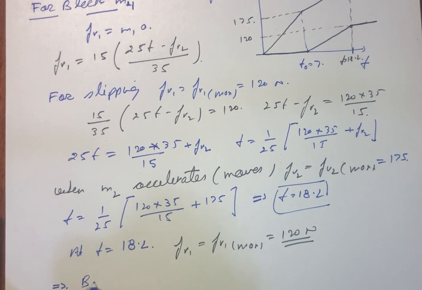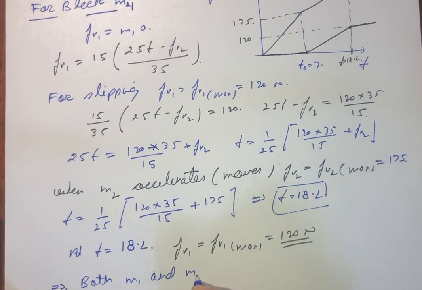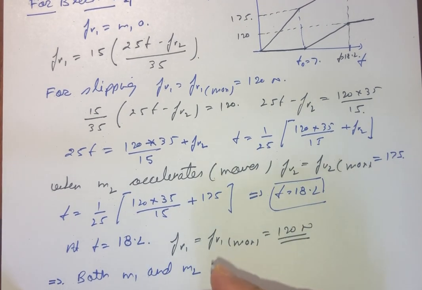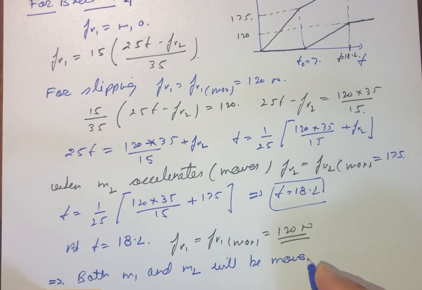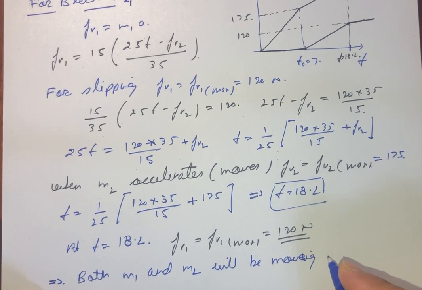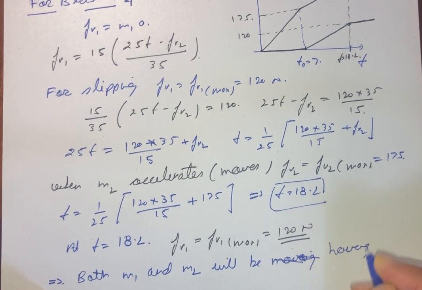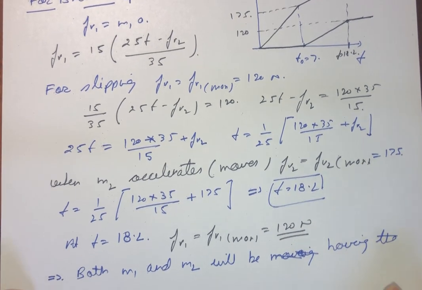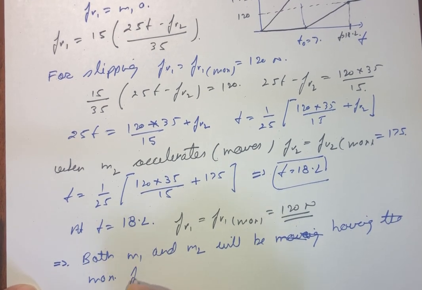both M1 and M2 will be moving, or rather will be having the maximum friction values.